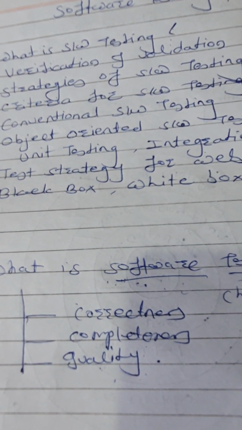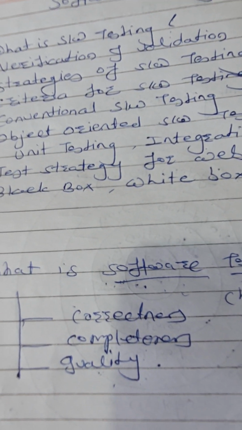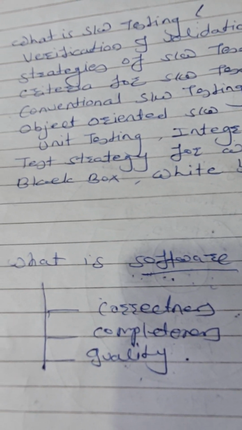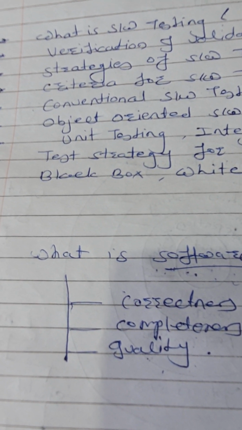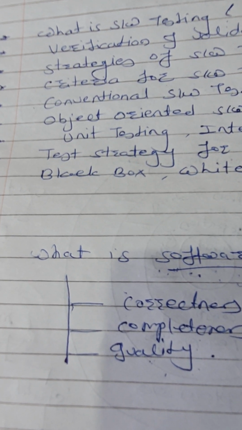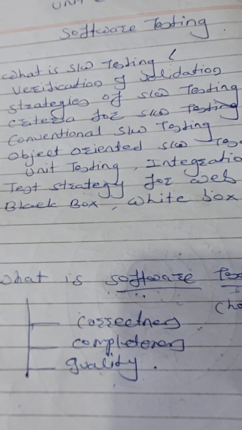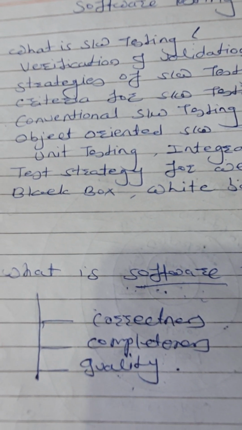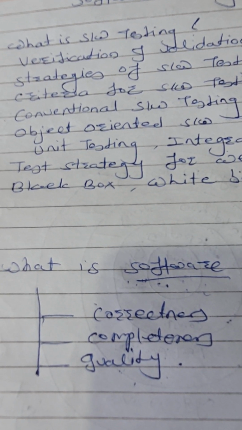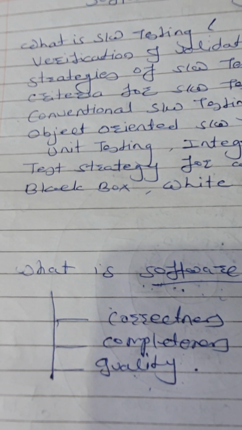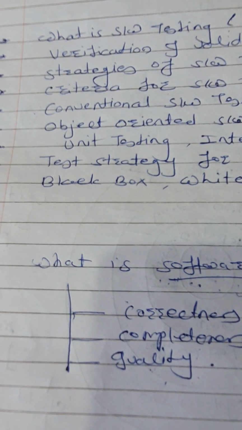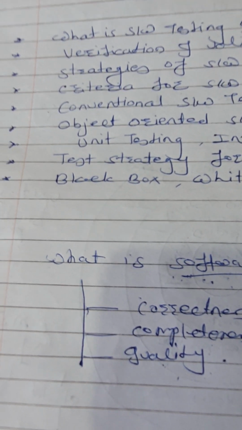Criteria means the status of software testing: when to start testing and when to stop testing. Criteria for software testing is divided into two parts. The first part is entry criteria and the second part is exit criteria. Entry criteria means when to start testing and exit criteria means when to stop testing.